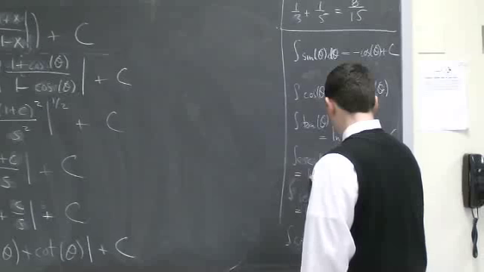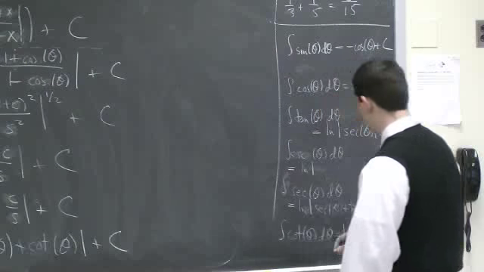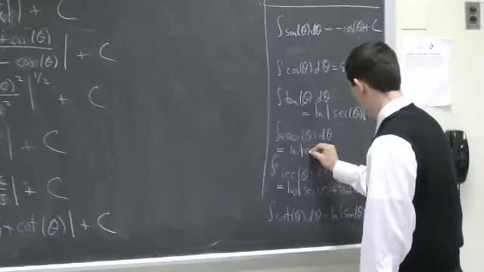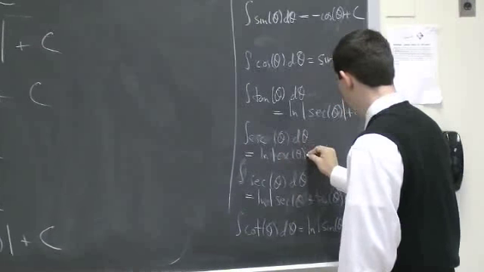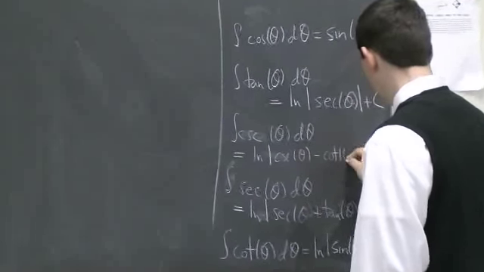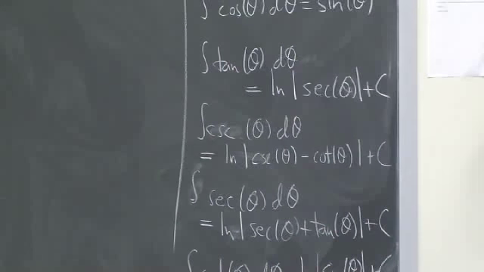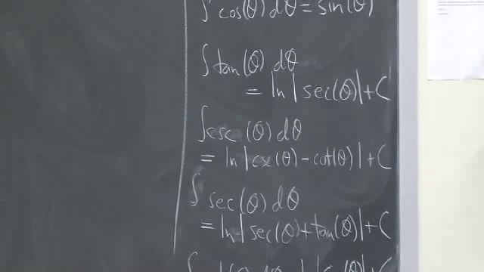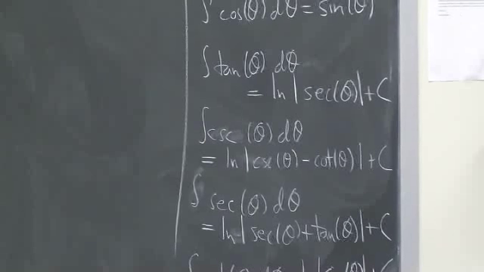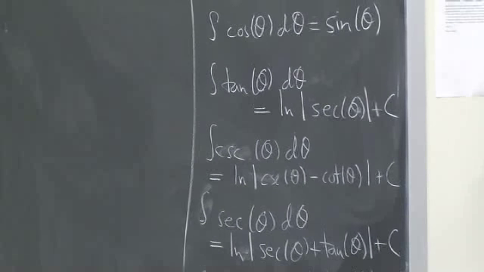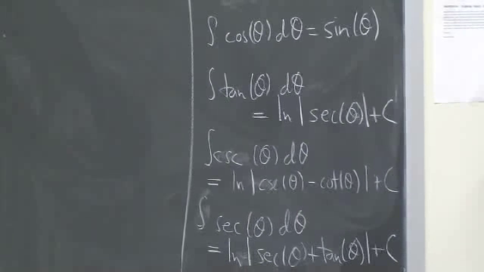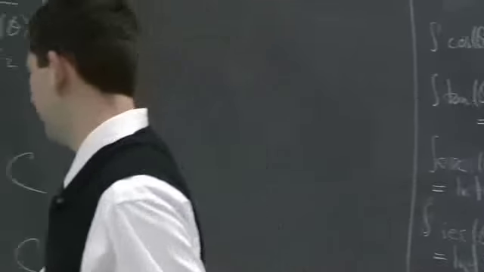The integral of cosecant should be natural log of cosecant of theta minus cotangent of theta. Do you see it already? Yeah, this negative should somehow disappear too.